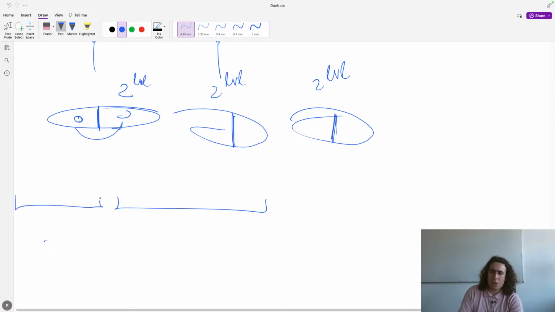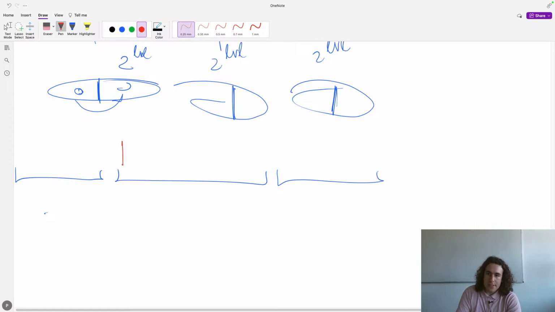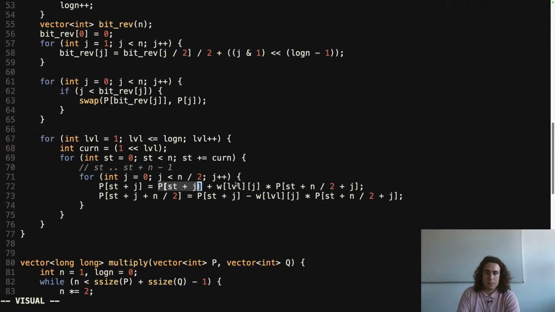We broke our array into subarrays of size char n. This is our current subarray. This is position start. Here we store p even, and the values of p odd are stored in the second half. So the second half starts with st plus char n half.